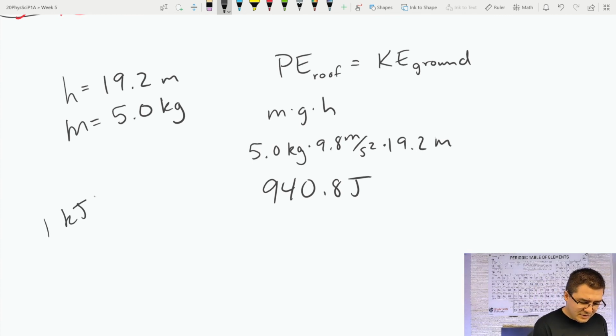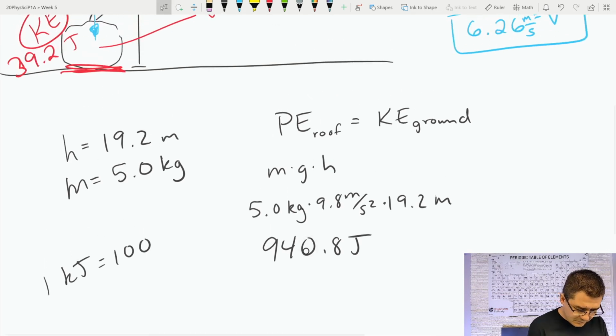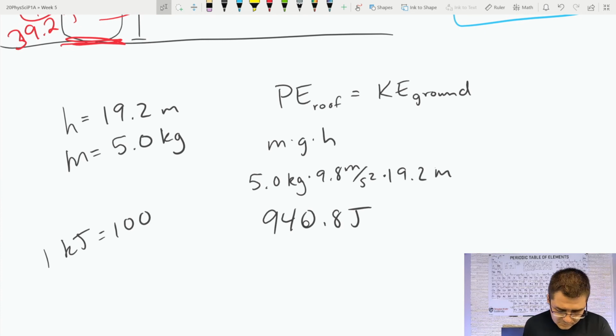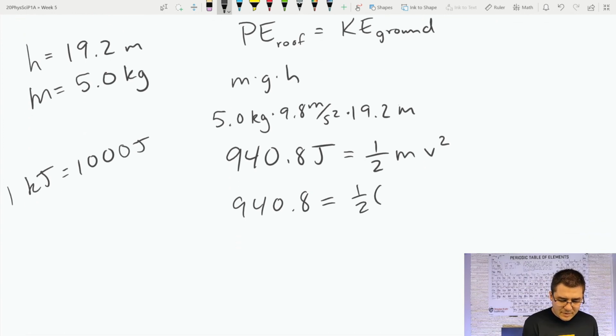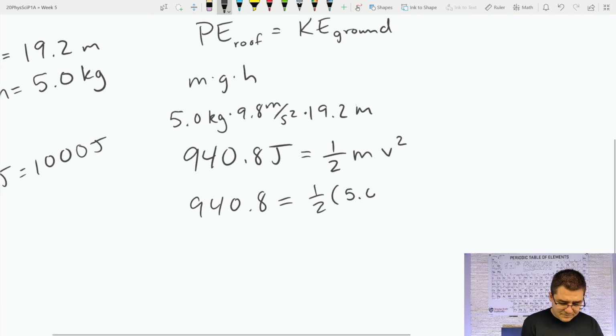So 1 kilojoule is equivalent to 1,000 joules of energy. Okay, so we've got almost 1 kilojoule of energy, and that's going to be transferred to the ground. And the kinetic energy at the ground is equal to 1/2 mv squared. So I can plug in my mass, which was 5, and v squared.